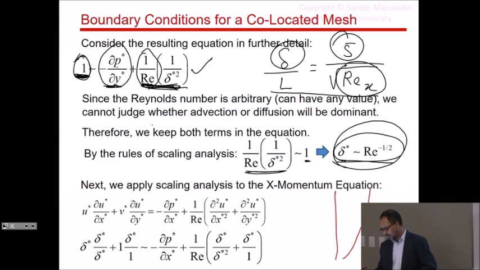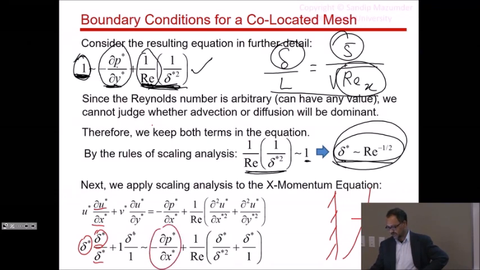So x momentum means we are now looking at this direction, not along the plate or surface, but normal to the surface. And again, here I've plugged in all these values from the scales that we derived. For example, we derived that U star is of order delta star, X star is of order delta star, and so on. So all these I've plugged in, dp dx I've kept as is, not touched it. And then here again, I've plugged in the scales that we derived.